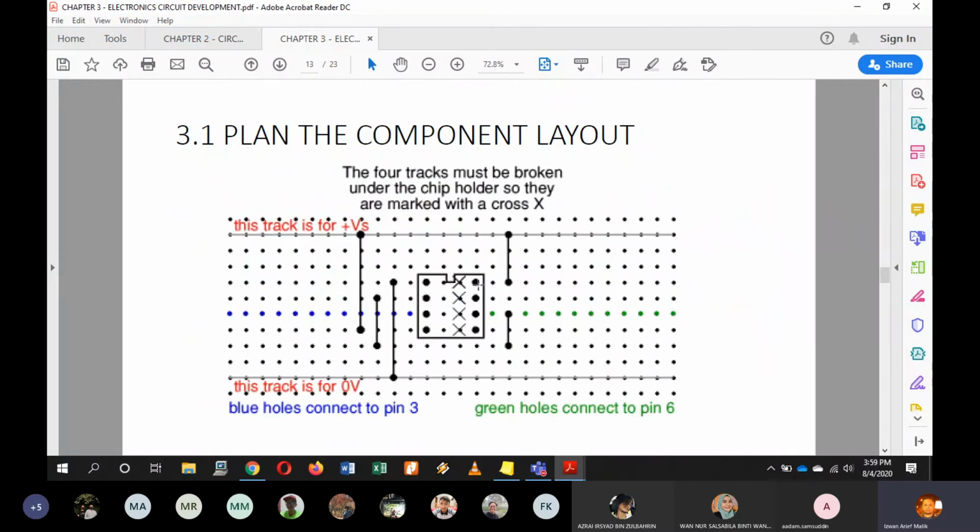Okay, so here ada tanda pangkah X ni. You have to break them. Because why? Connection dia adalah from this point here vertically. Dia akan ada copper dia dekat bawah ni. So if you don't break this line here, means that pin 1 dengan pin 8 akan ada connection.